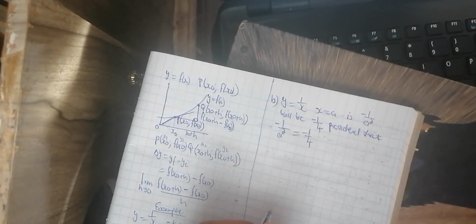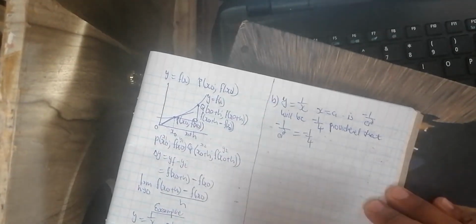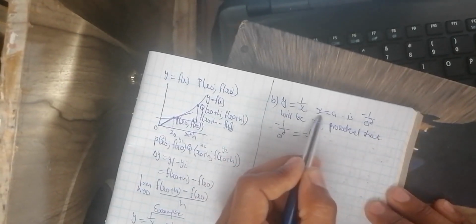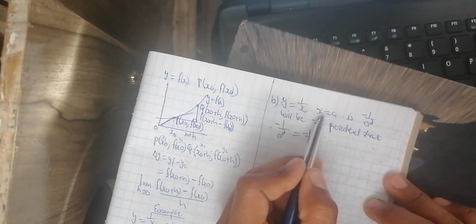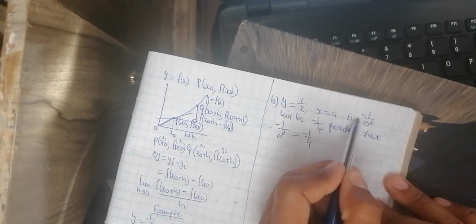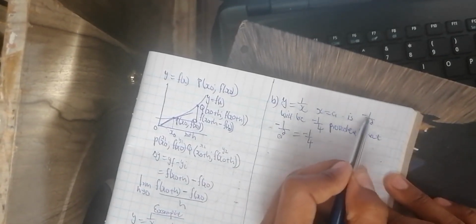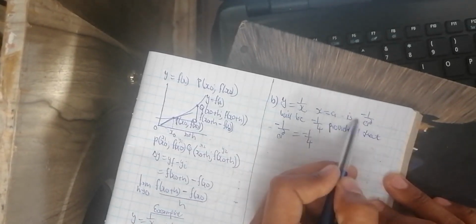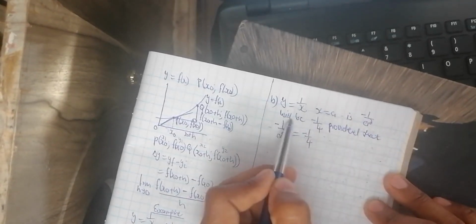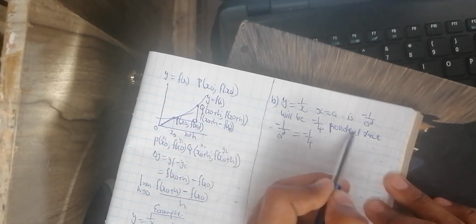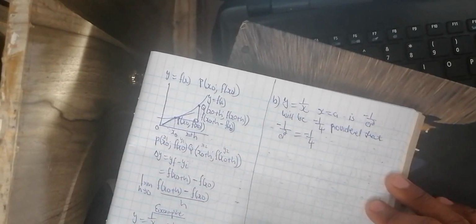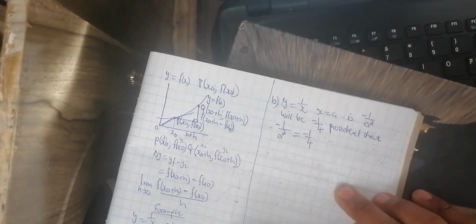They say, where does the slope equals minus 1 1/4? We are saying, based on the original function, where x is equals to a, and we find the slope to be minus 1 over a squared, this slope will be minus 1 1/4, provided that minus 1 over a squared is equals to minus 1 1/4.